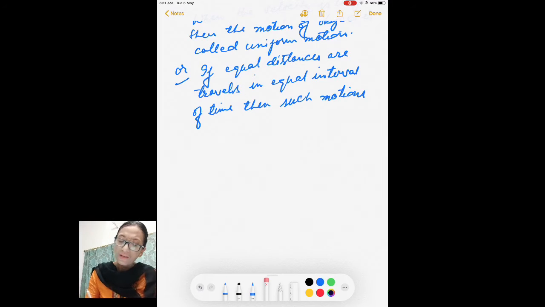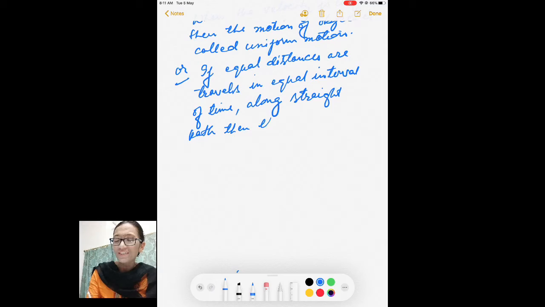Let me add one more thing: along a straight line, along a straight path, then the motion is called uniform motion.